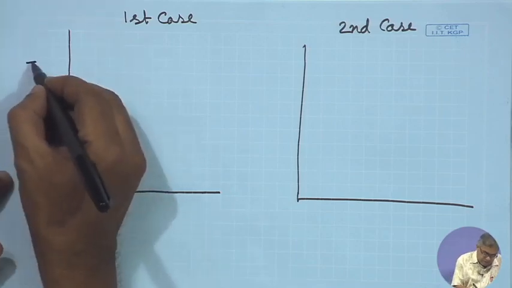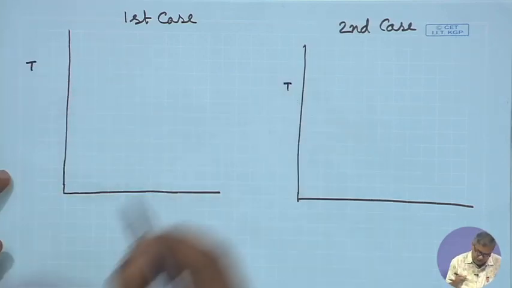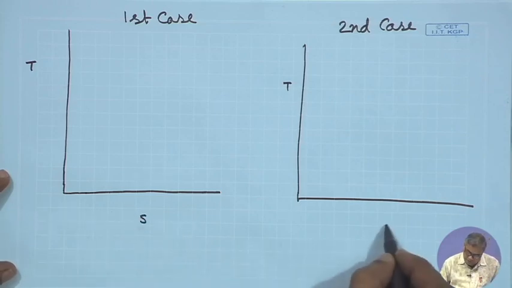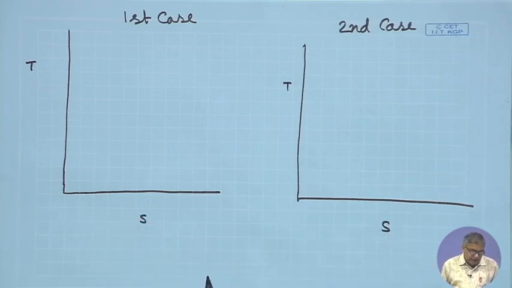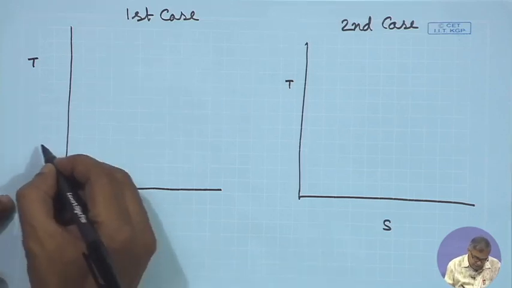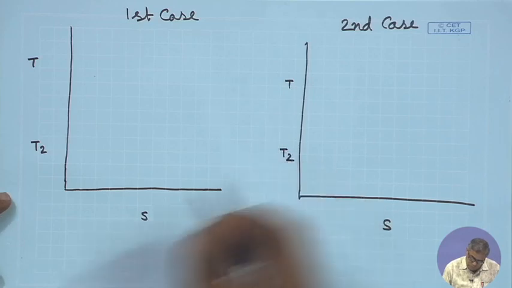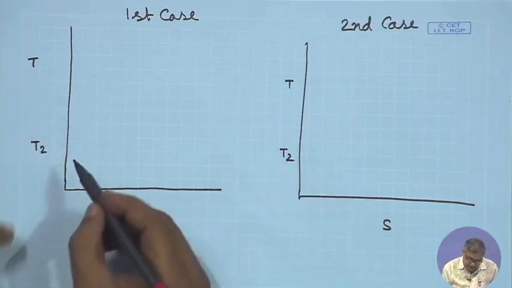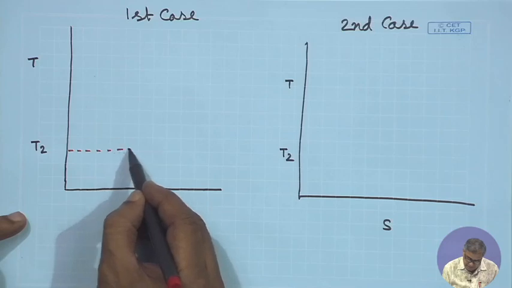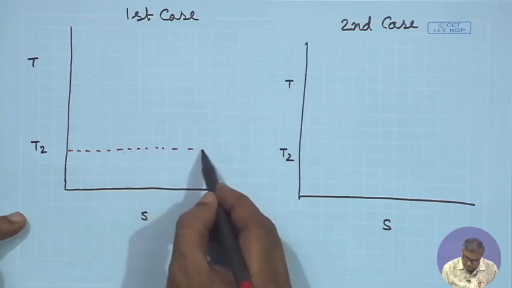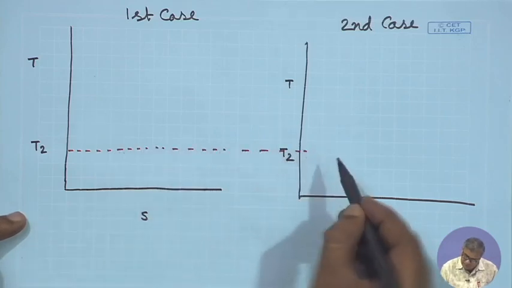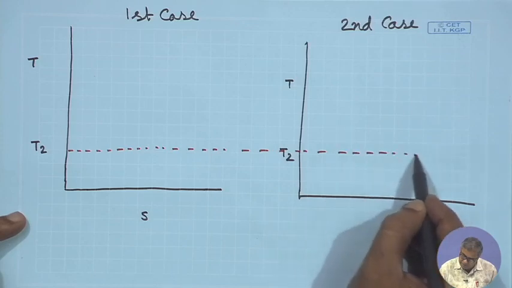This is your temperature and entropy coordinate, and in both the cases we have T 2 at 300 Kelvin.